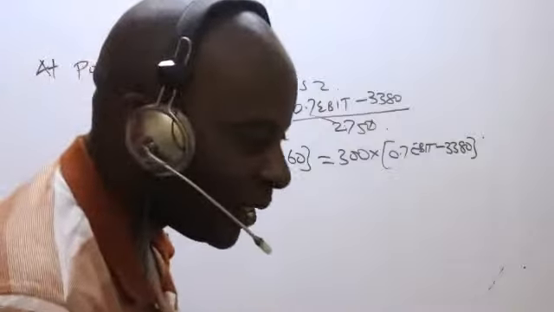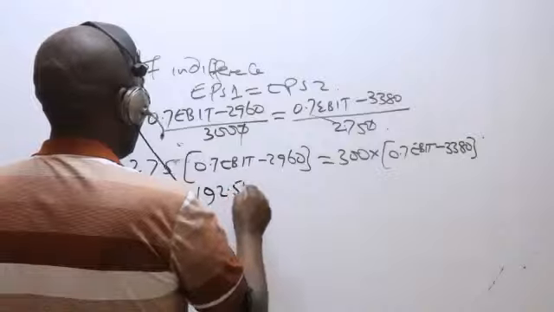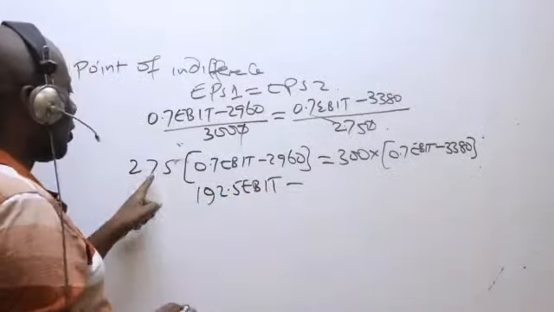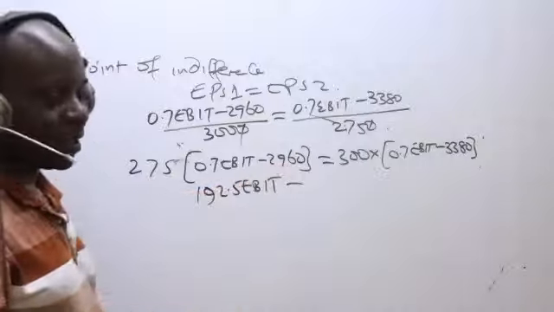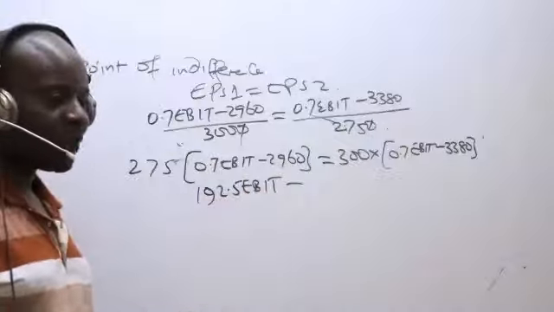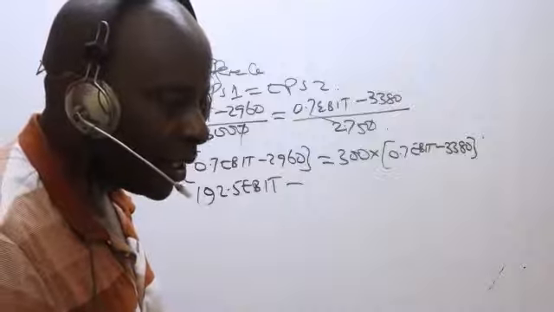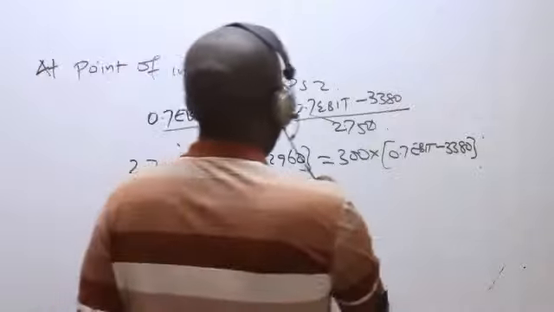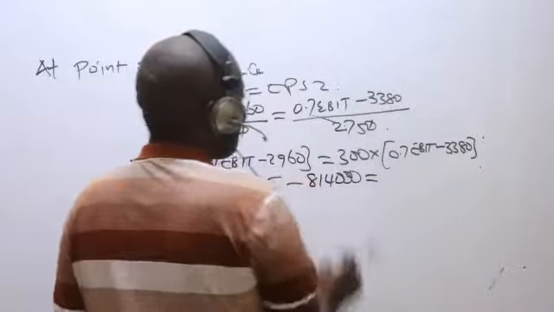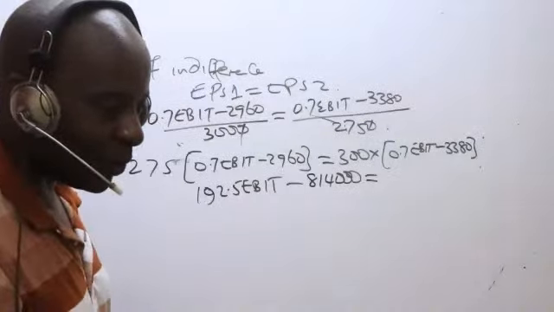So we have 192.5 EBIT minus, this has to be a huge figure, 275 times 2960. 275 times 2960 will give me what figure? 814,000. Equals this times this, 300 times 0.7 gives me what figure? 81,400.